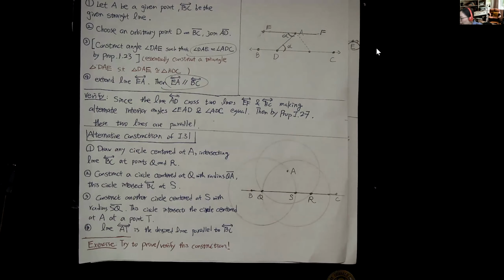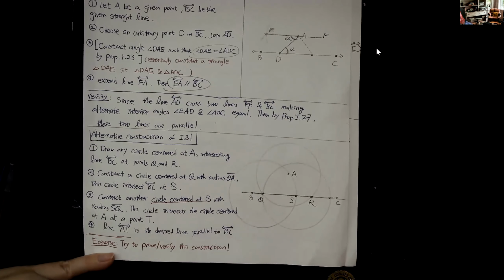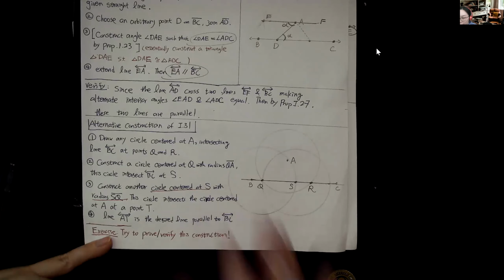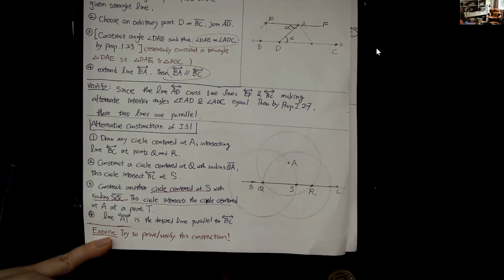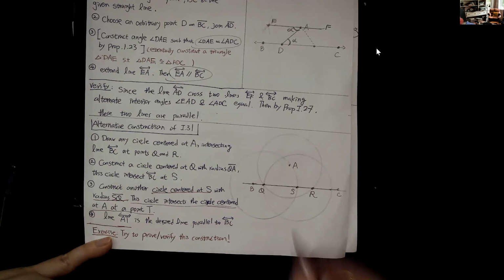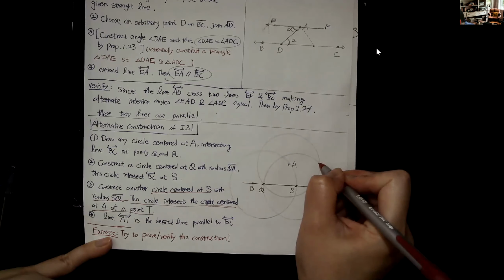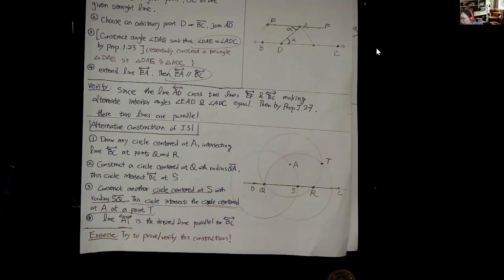Now let me highlight it. Where's my pen? First, we already constructed the circle centered at S with radius SQ, right? This circle we just drew is going to intersect the first circle that we drew, centered at A, at a point T. Now the line AT is the line we want.